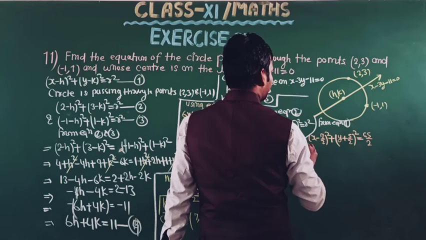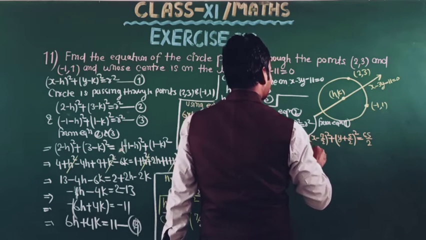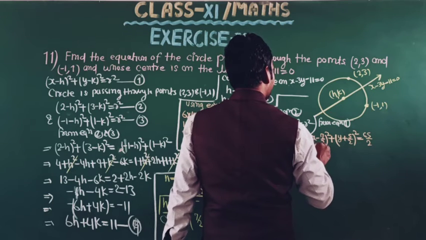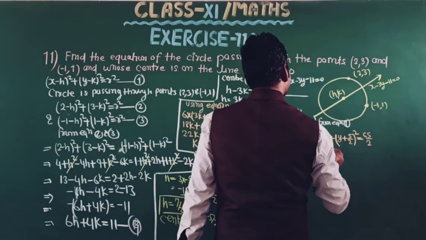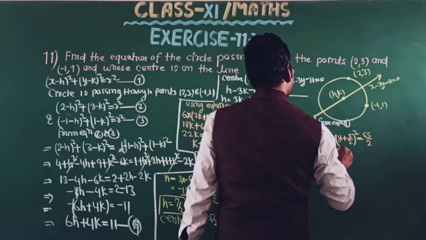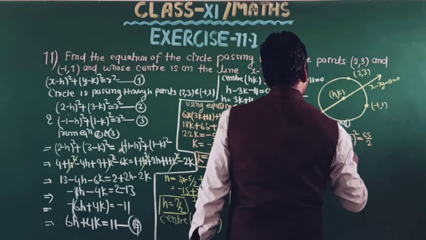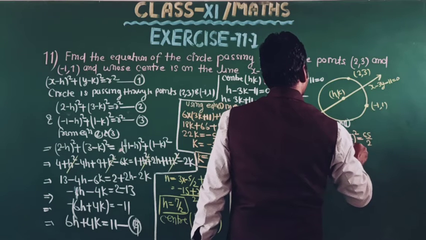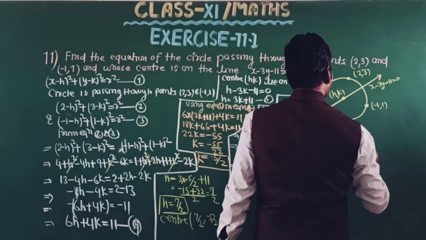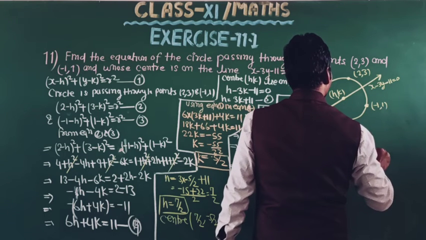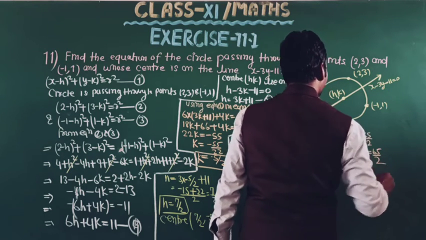This will be x square plus 49 by 4 minus 7x, plus y square plus 25 by 4 plus 5y, equals 65 by 2.